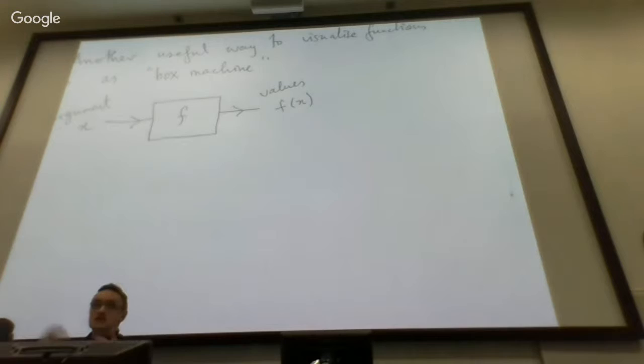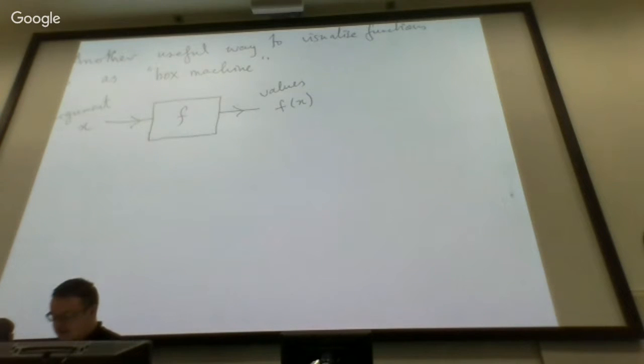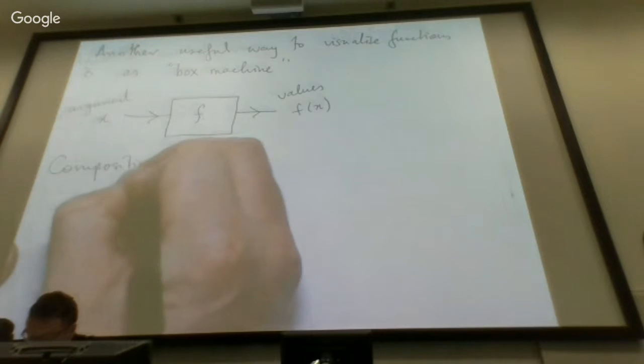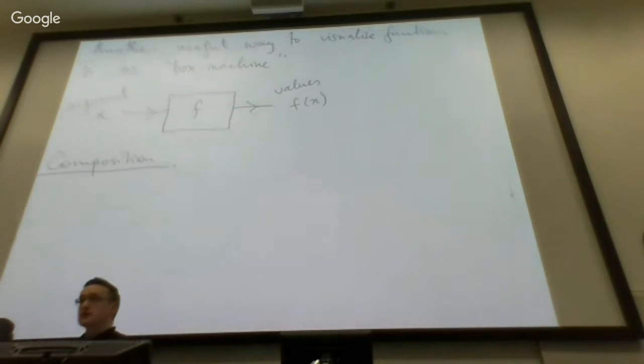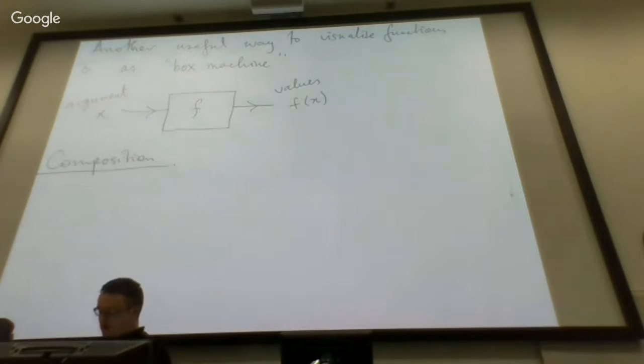And inside the machine, it performs the function on x. Now this is a particularly nice way to think about functions when you're talking about the operation of composition. Composition is the operation of running two functions together to make a new function.